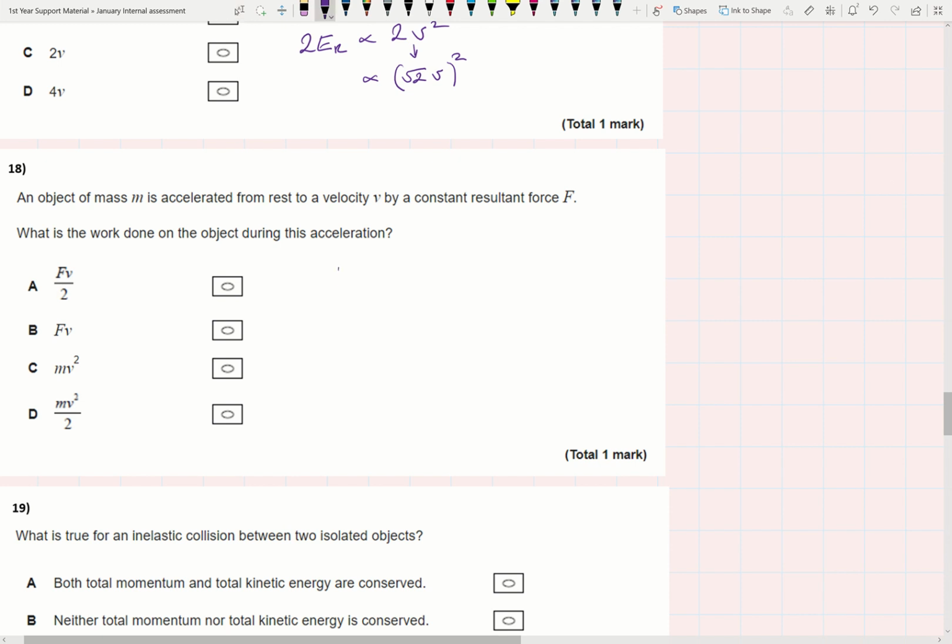So if I go from kinetic energy equals 0 to kinetic energy equals a half mv squared, then the work done to get from 0 to there equals a half mv squared. So it's got to be D.